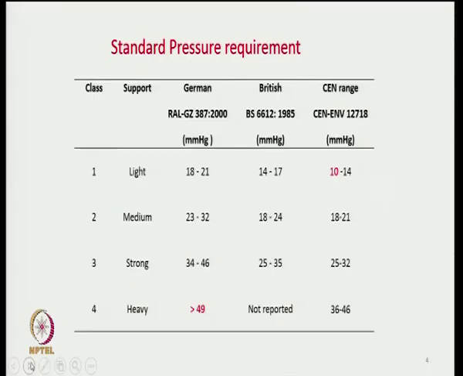Now, there are certain standards by the Germans, British and CEN, that have defined the pressure garments depending upon the level of pressure they generate: light, medium, strong and heavy pressure garments. For light garments, according to German standards, the pressure will vary between 18 to 21 millimeter Hg.